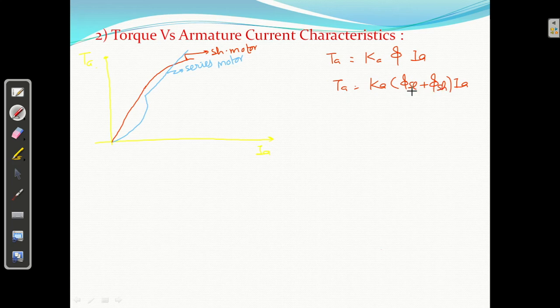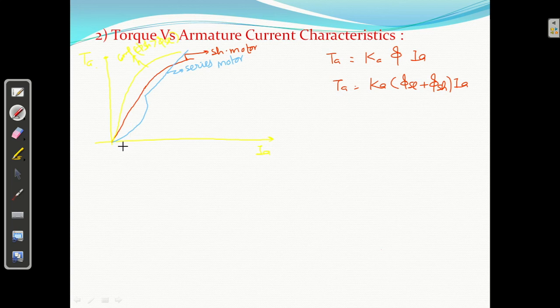So because shunt flux is more stronger than the series flux, characteristic will be like a shunt motor, and because series flux is there, characteristic will be like a shunt motor, but it is like that. It is more for the same value of current. This is compound motor. Clear? But phi shunt is greater than phi series. This is the compound motor.